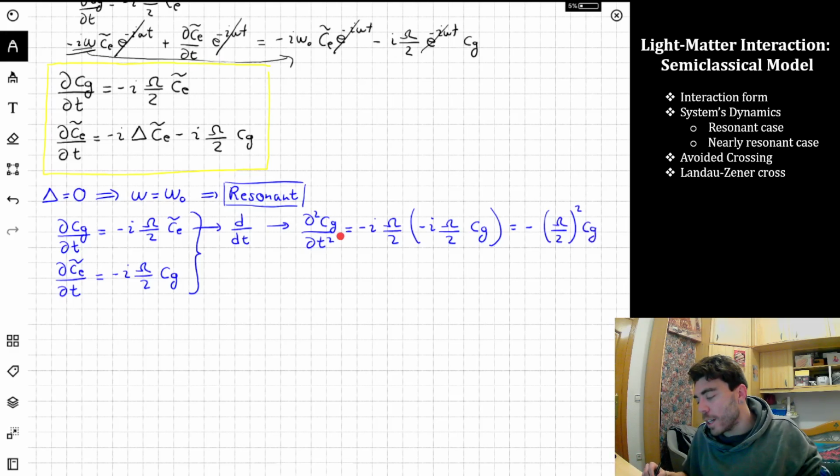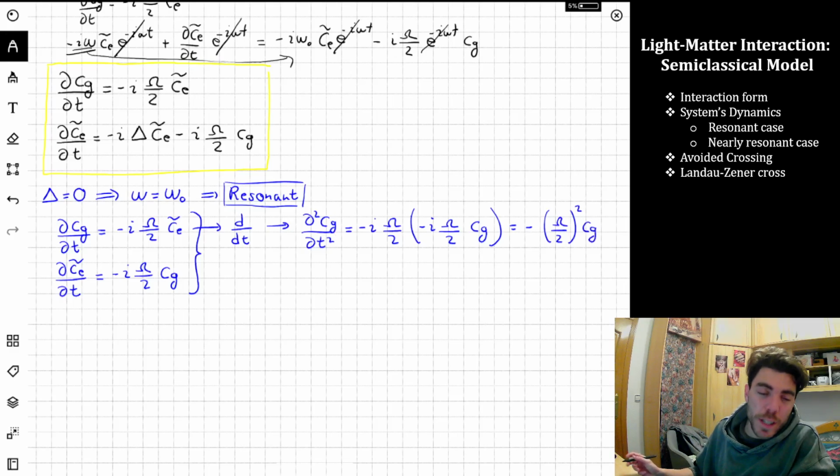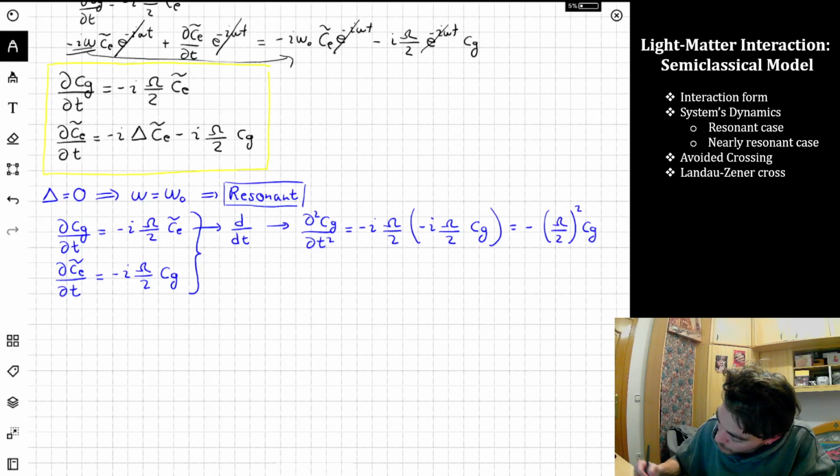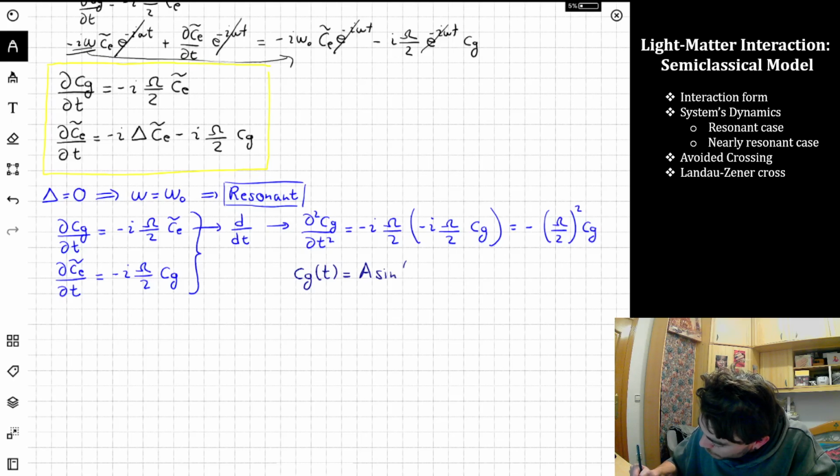Now we have the second derivative of a function that is equal to the function. This is a very well-known differential equation in which, in particular, the general solutions are sine and cosine, and the frequency is exactly this omega divided by 2. It has the perfect structure.